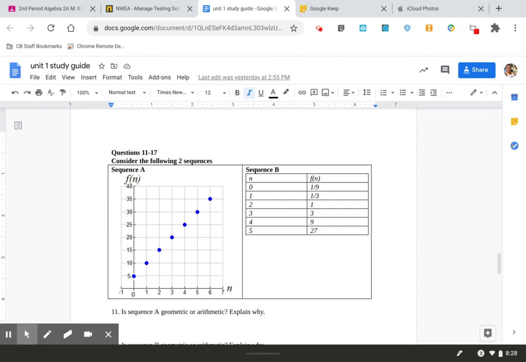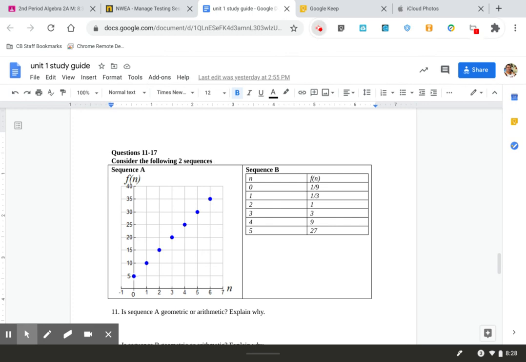And the giveaway is that sequence B, we already know is geometric. And we talked about at the beginning of this unit that geometric sequences will increase at a faster rate than arithmetic sequences. Yes, sequence A is increasing, but it's not increasing at as fast of a rate.